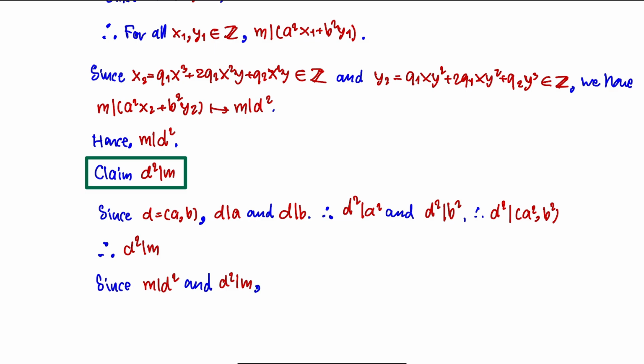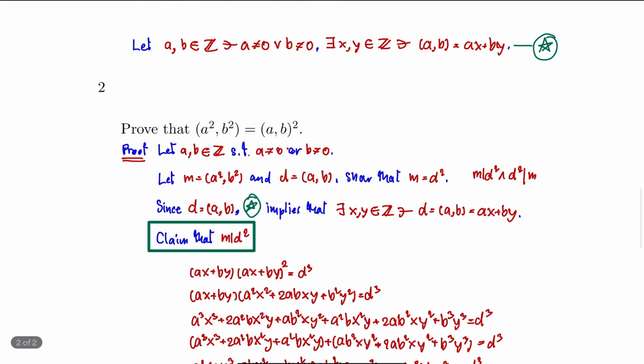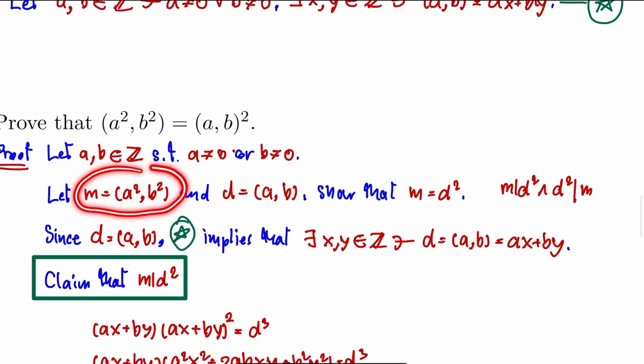So what do we have? We are going to have that m equals d squared. That means that, what is m exactly? m is the greatest common divisor of a squared and b squared.